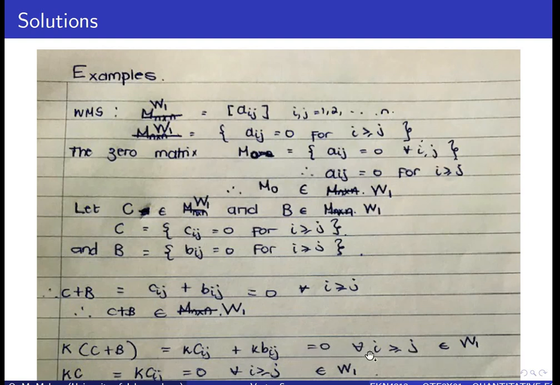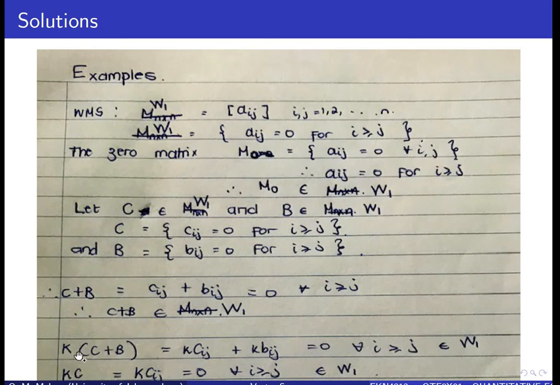And this K will be 0 for all elements that are below the diagonal, because I already know that Cij is a diagonal matrix and Bij are all diagonal matrices.